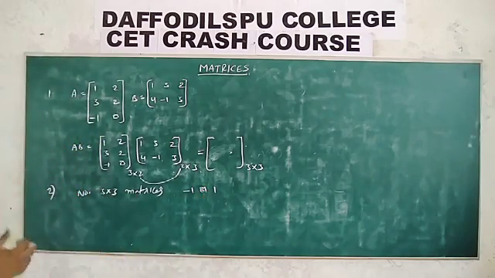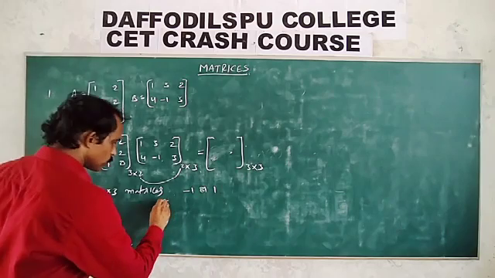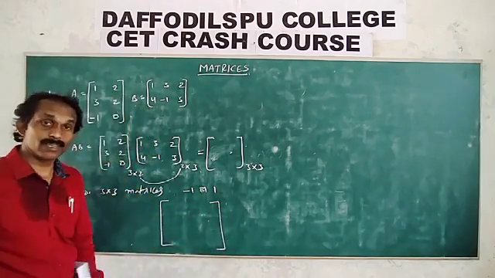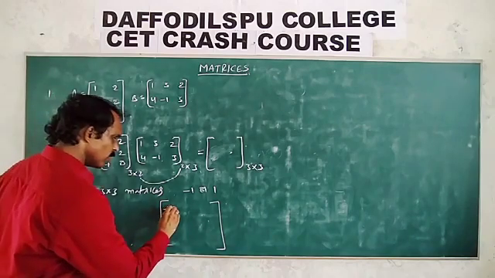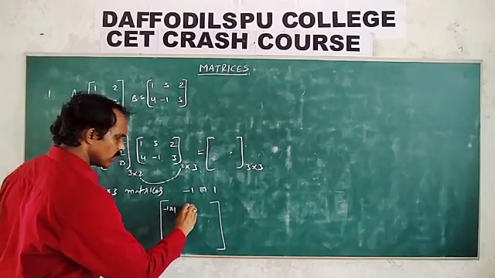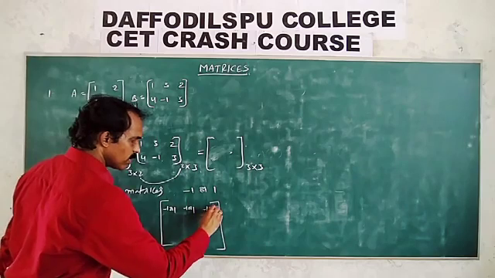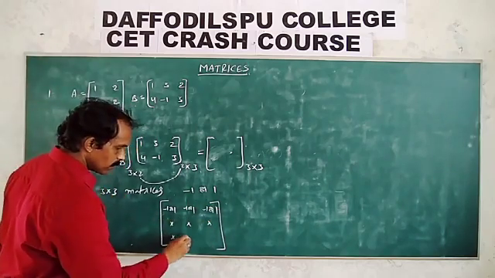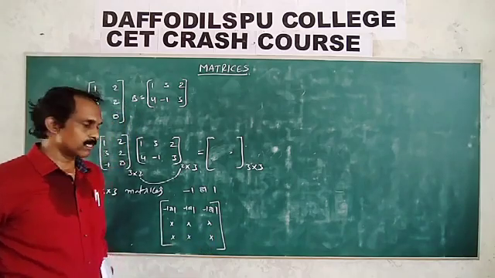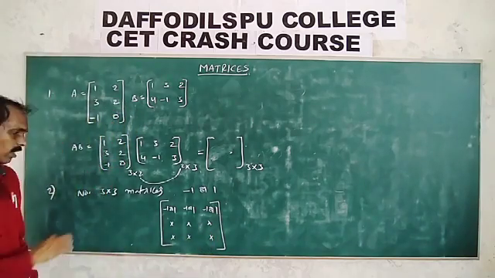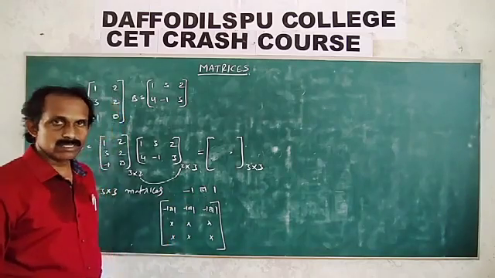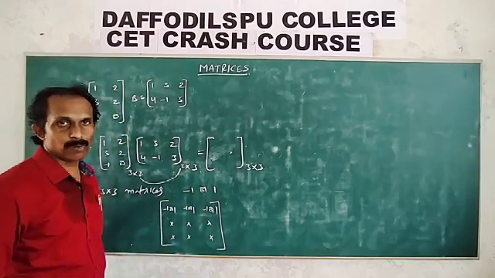Suppose each entry is -1 or 1, like that. How many elements are there in total in a 3 by 3 matrix? This is the second question: how many matrices are possible?